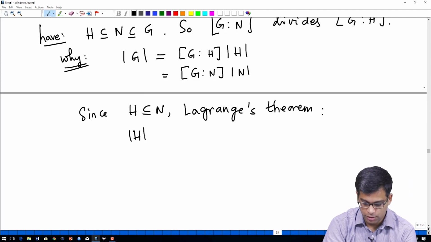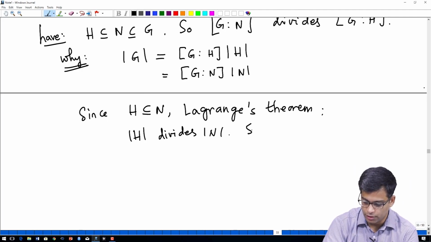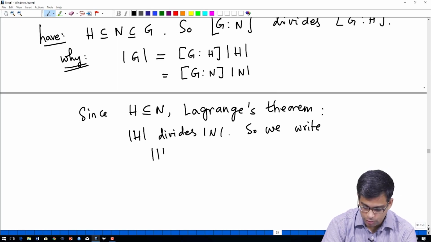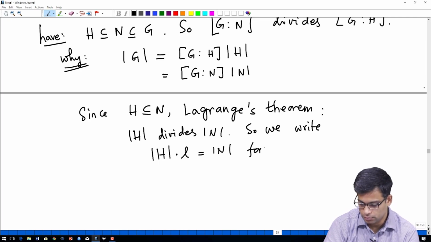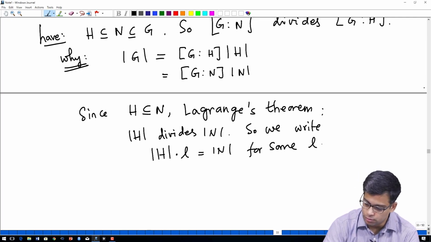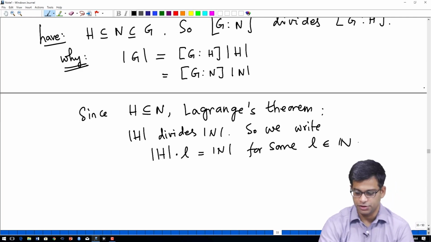So, the order of H divides the order of N. So, we can write the order of H times some, let us say L, is the order of N for some L a positive integer.